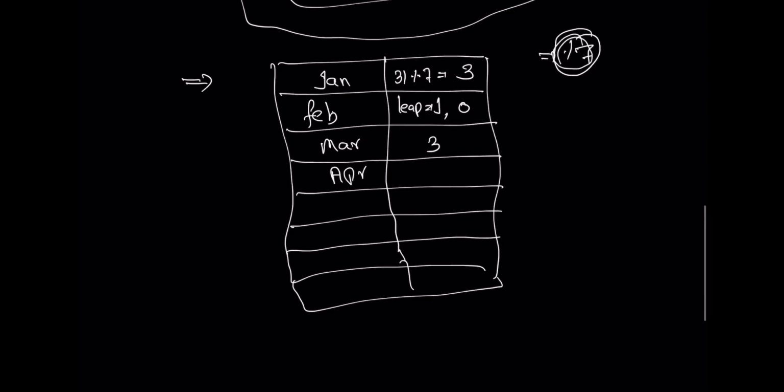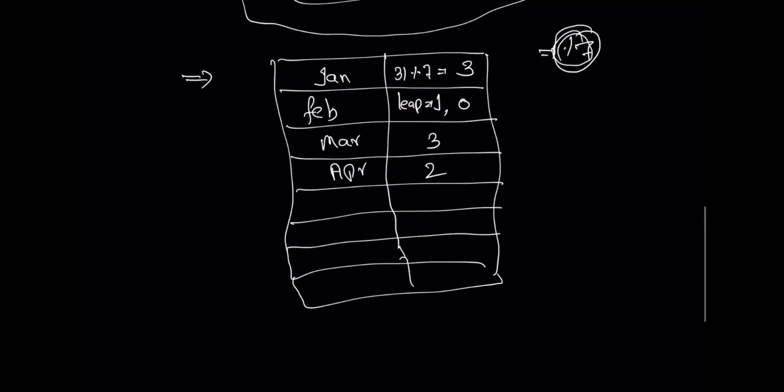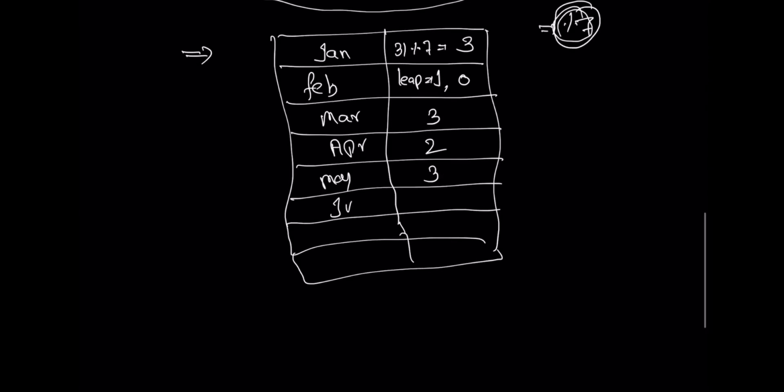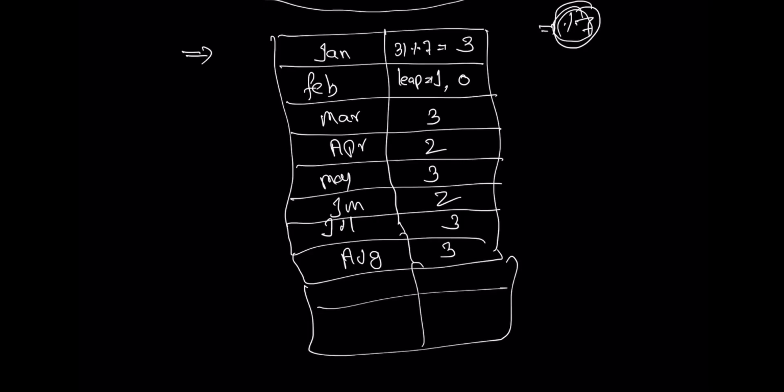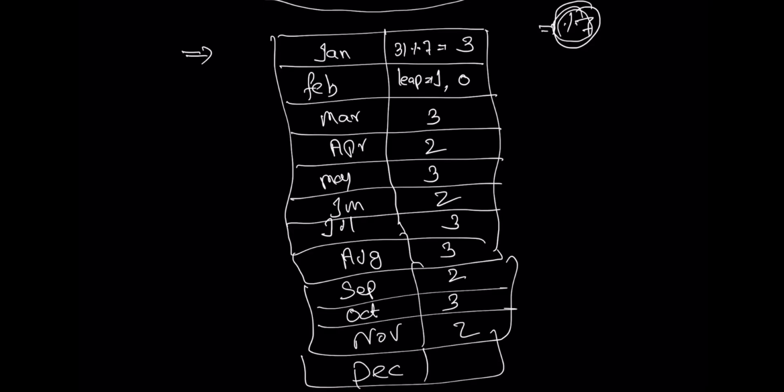April is 30 days, that means 2. May is 3. June is 2. July is 3, August is 3, September is 2, October is 3, November is 2, and December is 3.